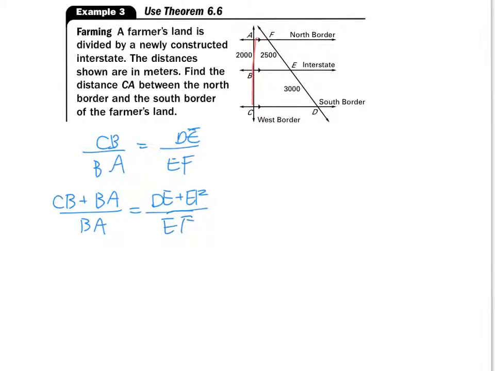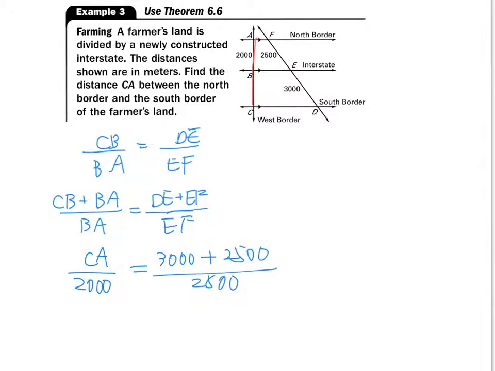Just fixed it. And now I can use all the information given and just substitute it. So I should have CA over BA is 2000, right? And then DE plus EF is 3000 plus 2500 over EF is 2500.